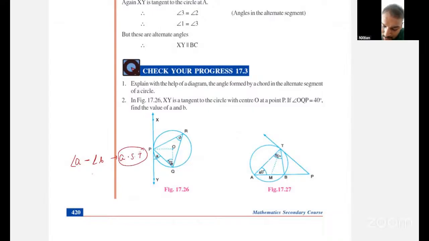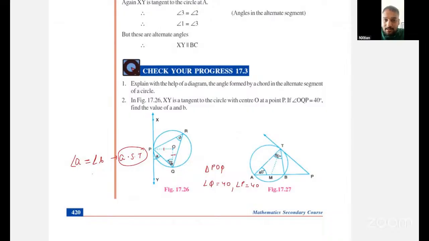Now in triangle POQ, we know that angle Q is 40. Same as angle P will also be 40. Why? Because POQ is an isosceles triangle. Why isosceles? Because PO is equal to OQ.